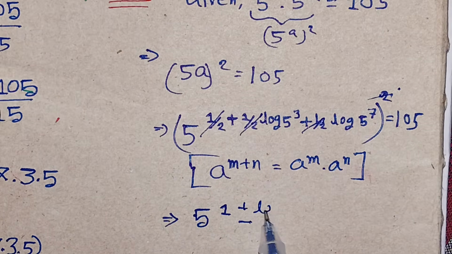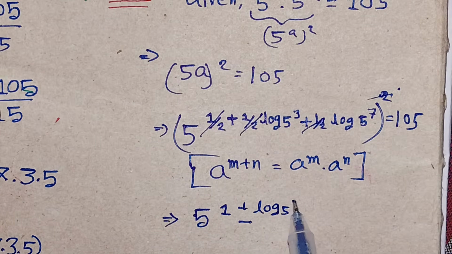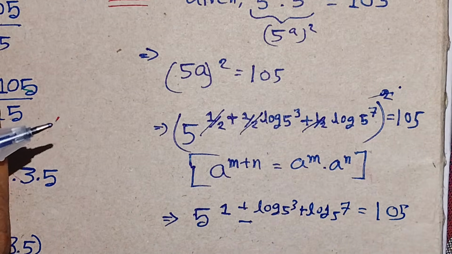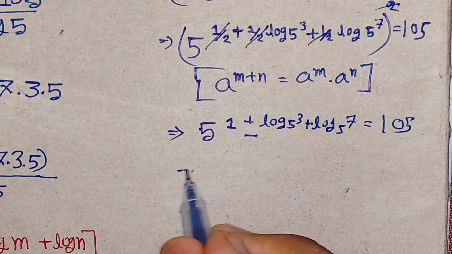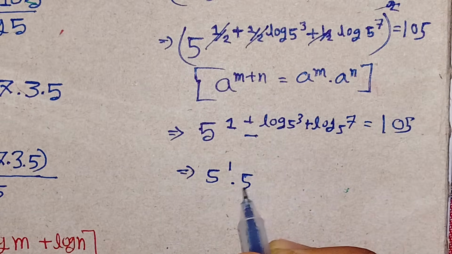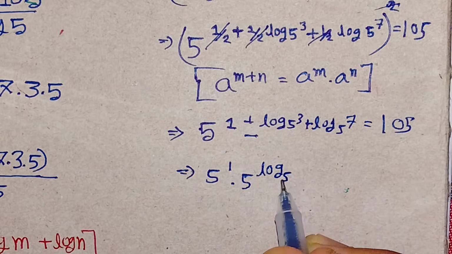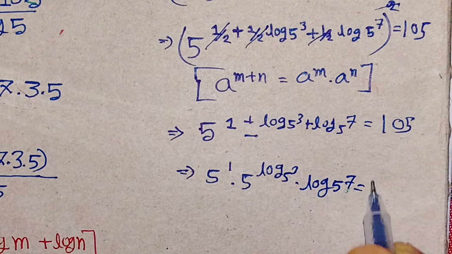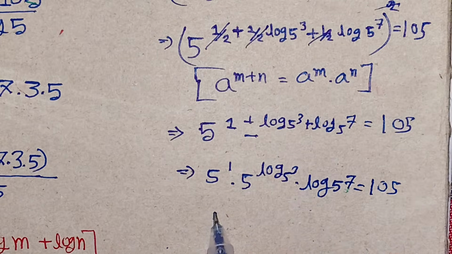Then we'll get 5 to the power of (1 plus log 3 base 5 plus log 7 base 5) is equal to 105. Alright, now we can write 5 to the power 1 times 5 to the power log 3 base 5 times 5 to the power log 7 base 5 equal to 105.